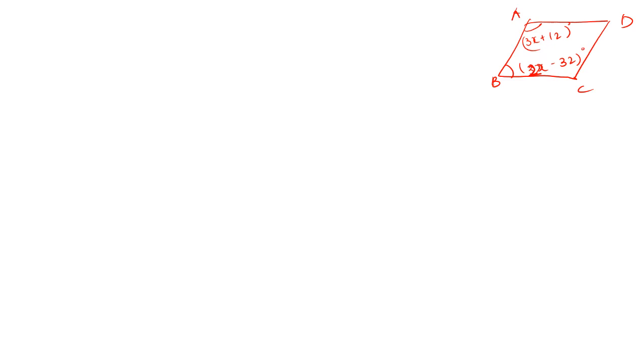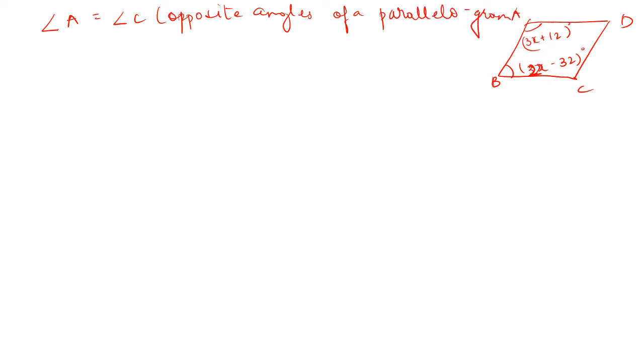So angle A is congruent to angle C and angle B is congruent to angle D. So angle A is equal to angle C because opposite angles of a parallelogram are congruent.